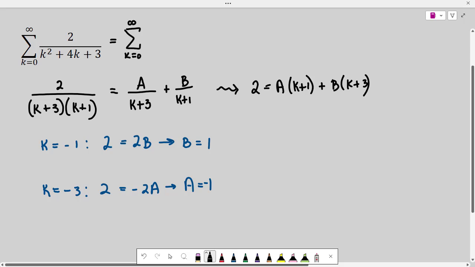So 0 to infinity. A is -1, B is +1. So let's rearrange it. I'm going to write it this way just so that it's plus and then minus. It's a little easier to visualize it, I think. So we're going to have that minus this.